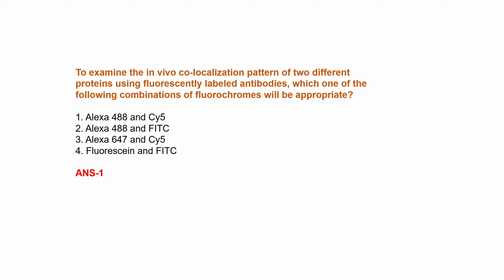To examine in vivo colocalization pattern of two different proteins using fluorescently labeled antibodies, which one of the following combinations of fluorochromes will be appropriate? The right answer will be option 1, Alexa 488 and Cy5. So it can be used to examine the colocalization pattern of two different proteins using fluorescently labeled antibodies.